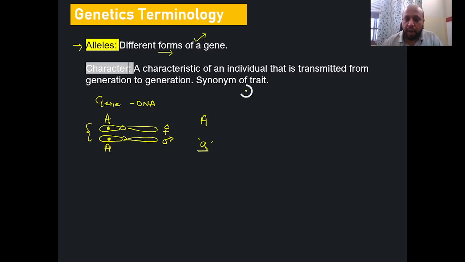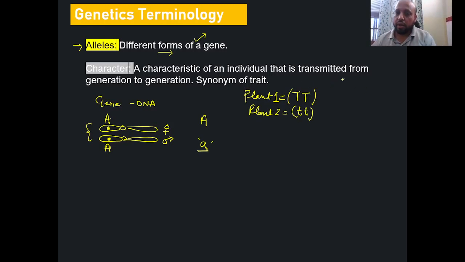Let's say there is a plant which is tall and we define its genotype with the letters capital T and capital T. There is another plant which is short, and we denote its genotype with small t and small t. So we are also trying to know what a genotype is and what a phenotype is.